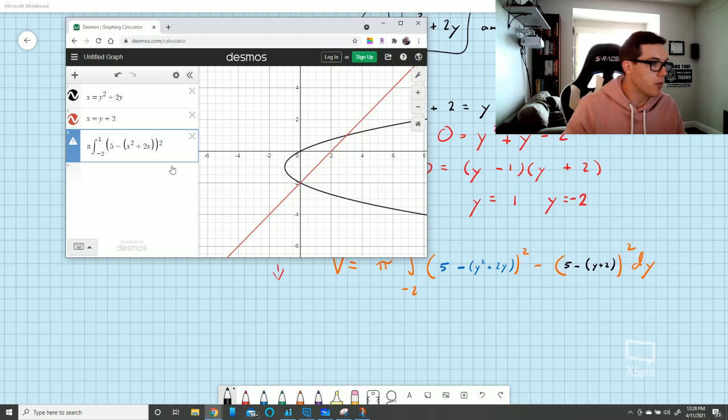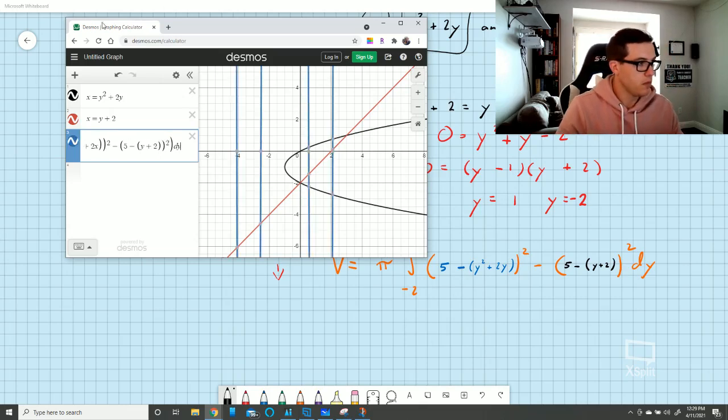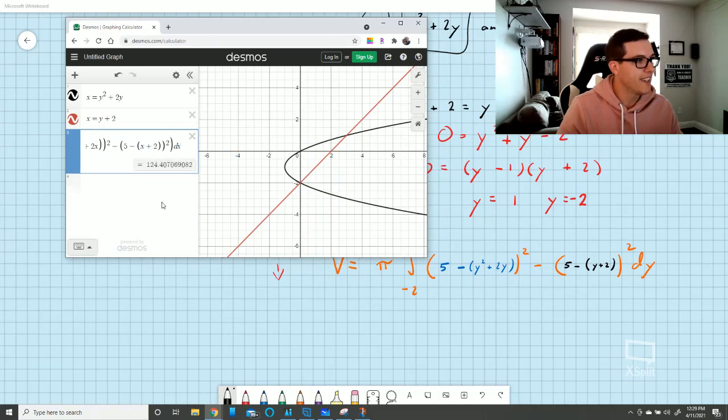So really need parentheses on this one. Minus little r, minus parentheses 5 minus parentheses y plus 2 squared, close the parentheses, dx, not dy.